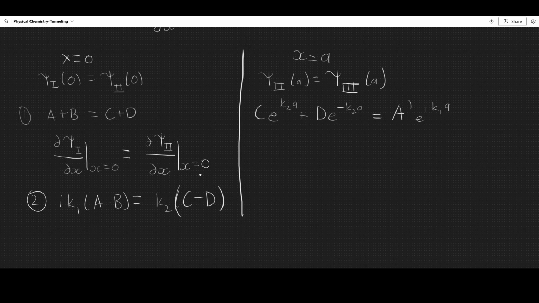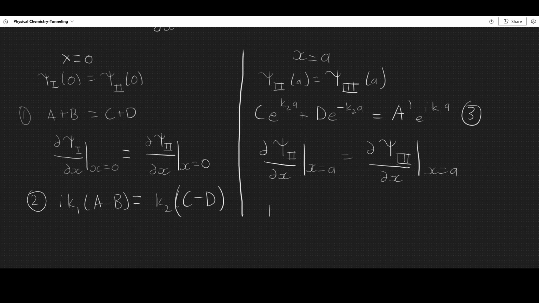Okay, and then we also have the derivative. That's the fourth equation: del psi 2 del x at x equals a is equivalent to del psi 3 del x at x equals a. Perfect.